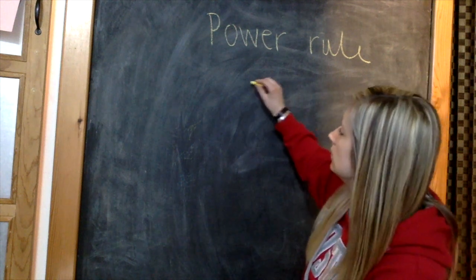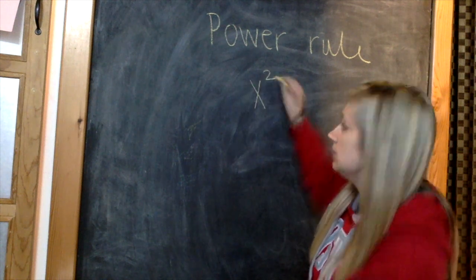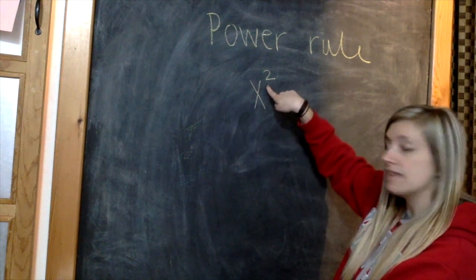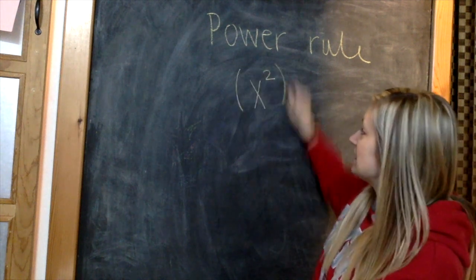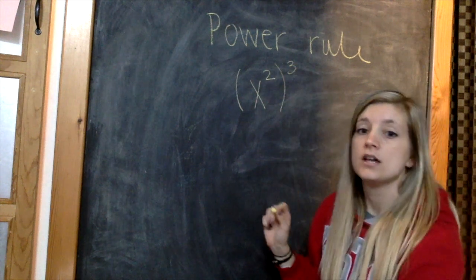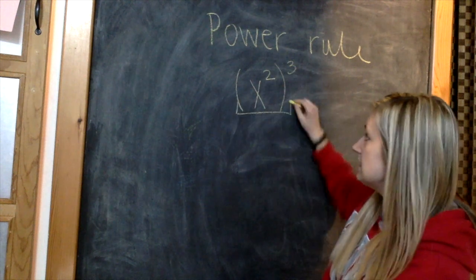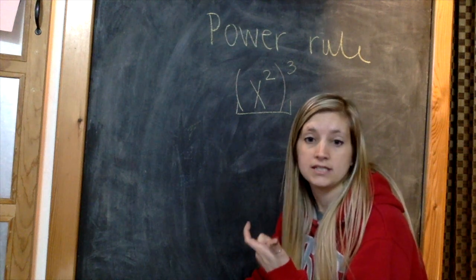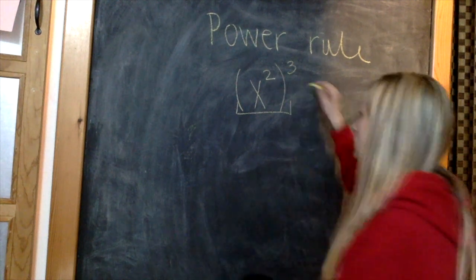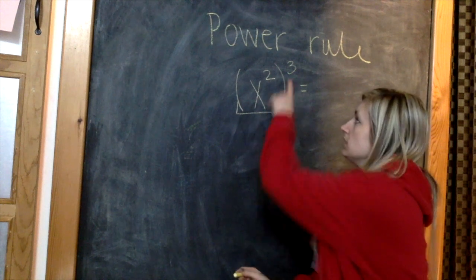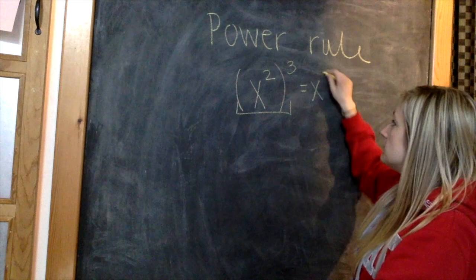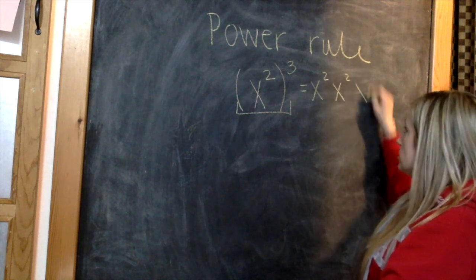So the power rule is (x squared) to the third, okay? So we have an exponent, a power, and now we're going to take that power and we're going to raise it to the third, okay? So notice that this is in parentheses, so that entire x squared is your whole base, okay? So that is telling you that you have x squared to the third. So you have x squared 3 times being multiplied by each other.